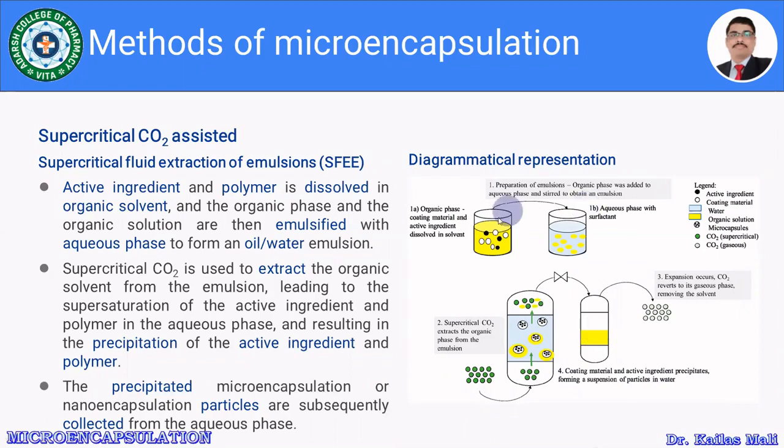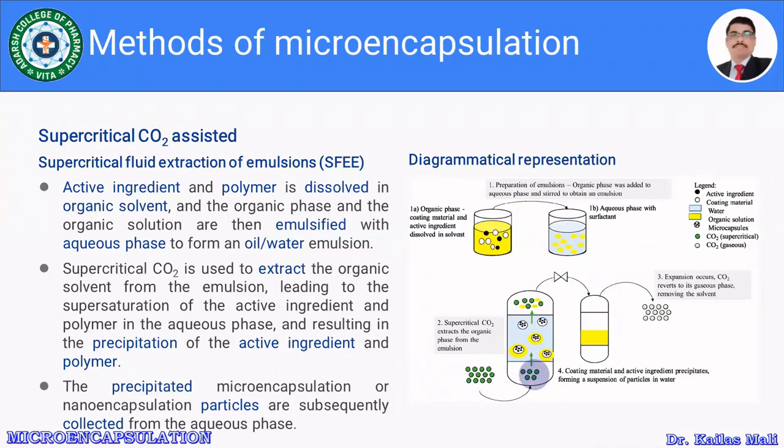Initially prepare the O/W type of emulsion, in which the organic phase contains the active medicament and the coating material in a dissolved state. Then the system is exposed to the supercritical carbon dioxide.